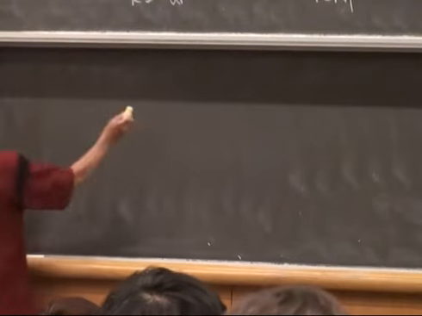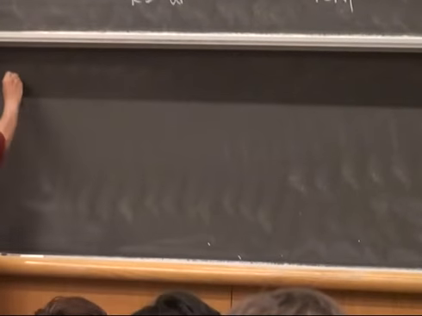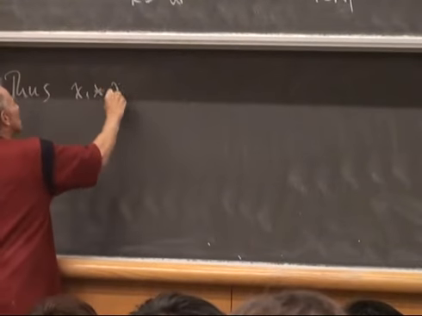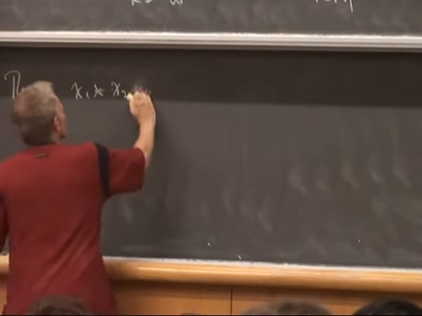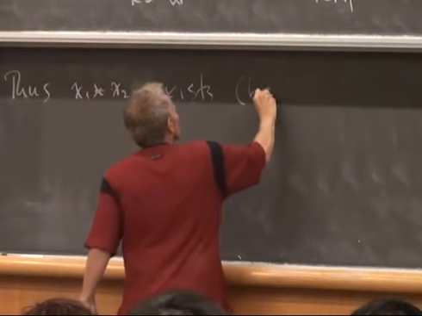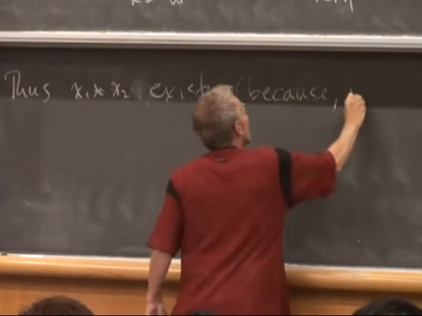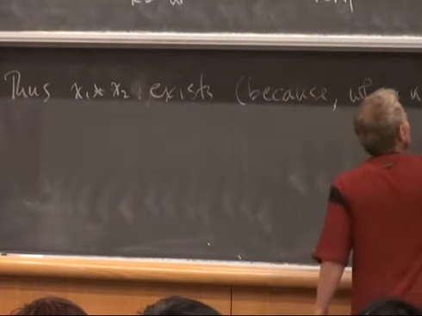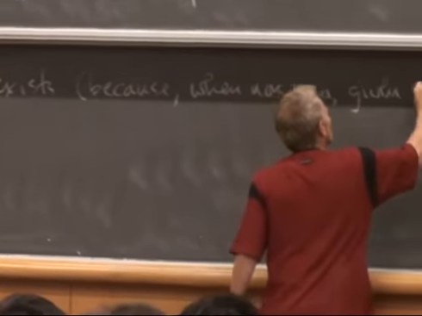So let me just wrap up the theorem and then try to pull it apart and explain it a little bit. Thus, x1 convolved with x2 exists because when non-zero, it's given by a finite sum.